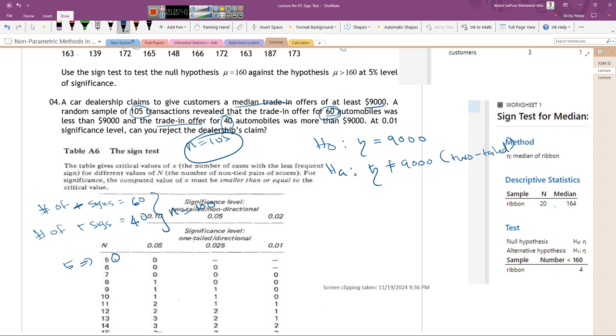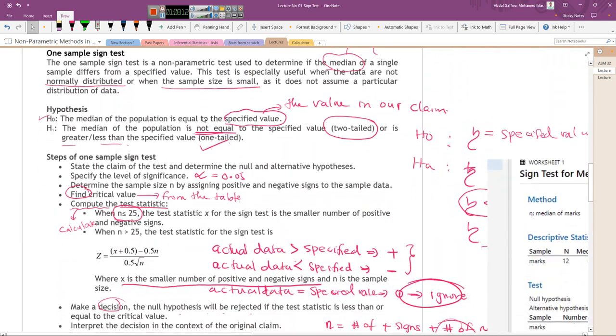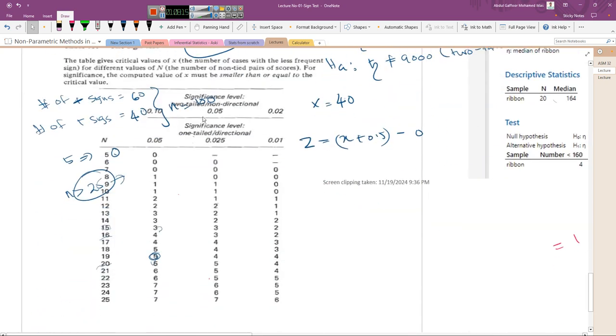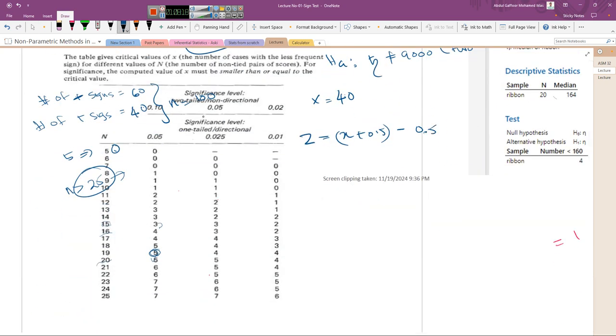Okay. So now we have to find our x, that is the minimum of these two, that is 40, and now our n is greater than 25, right? So we cannot go for the table. Now we have to find the test statistic, z, which is equal to x plus 0.5 minus 0.5n, divided by 0.5 square root of n.